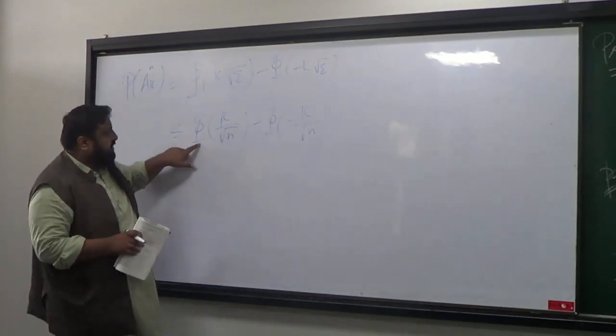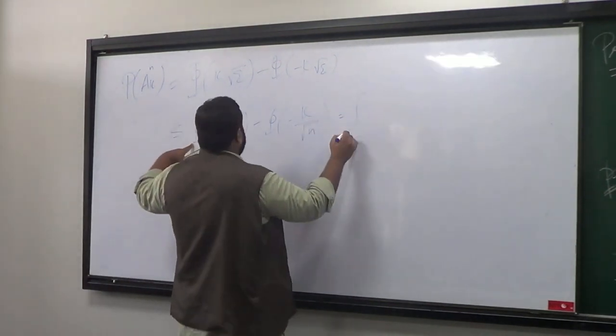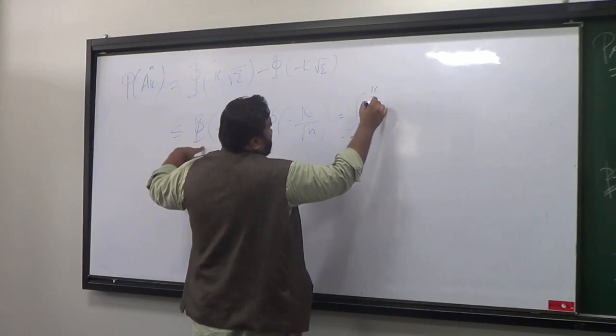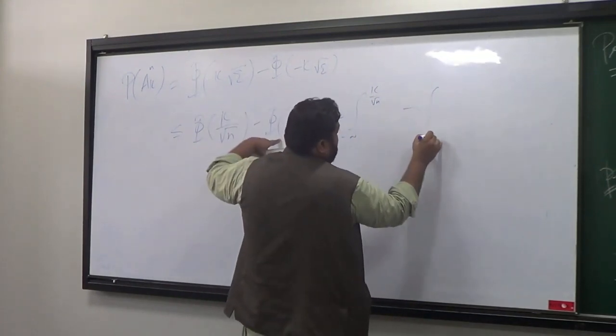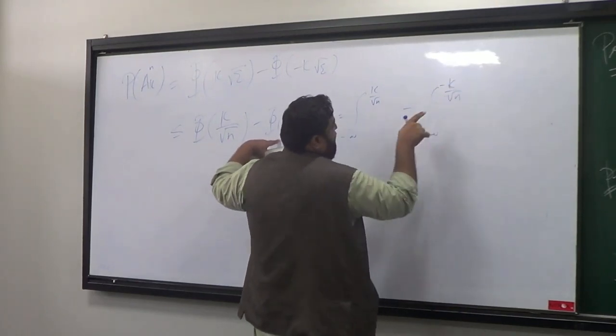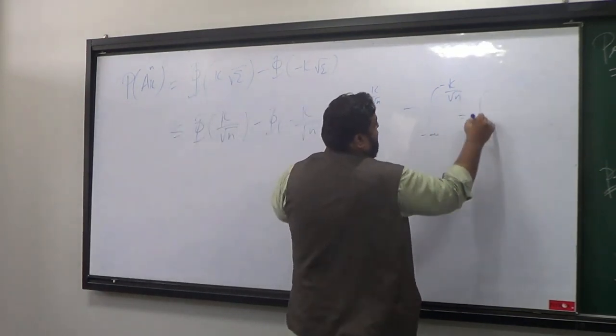Now what would this be? This is the integral of something from minus infinity to k over square root of n, and the other is the integral from minus infinity to minus k over square root of n. I'm not writing all the details. So this would be the integral from where to where?